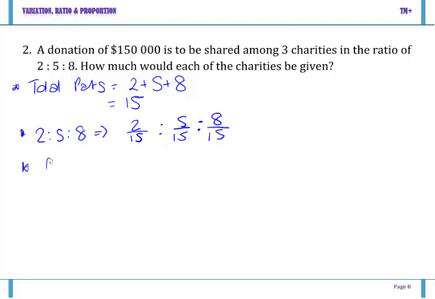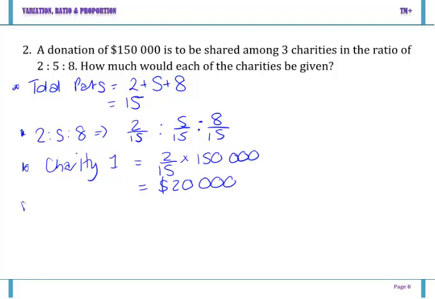From there, charity 1 would be equal to 2 over 15 times the 150,000, and you get $20,000. Charity 2 would be 5 over 15 times the 150,000, which gives you 50,000.